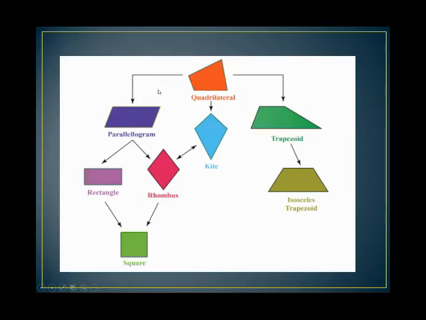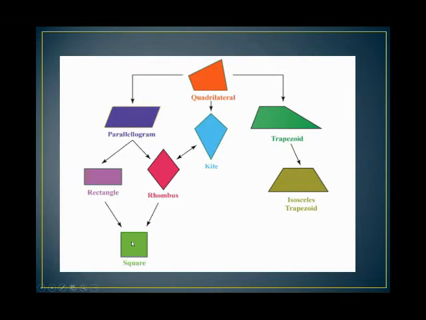The types of quadrilateral are parallelogram, kite, and trapezoid. Parallelogram is further divided into rectangle and rhombus, and rhombus is also included in a kite. Rectangle and rhombus are also further included in a square. So in our topic, we just study the parallelogram, rectangle, and square.